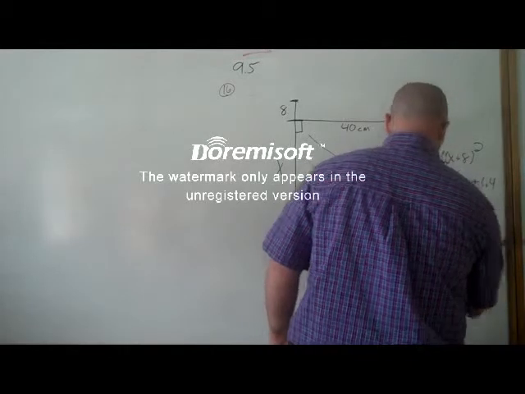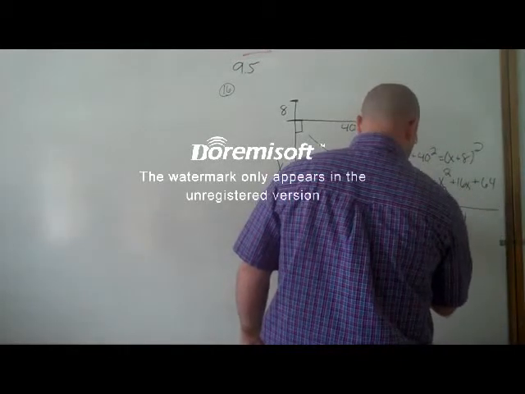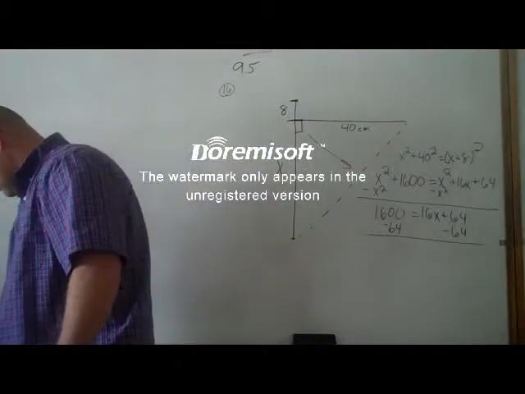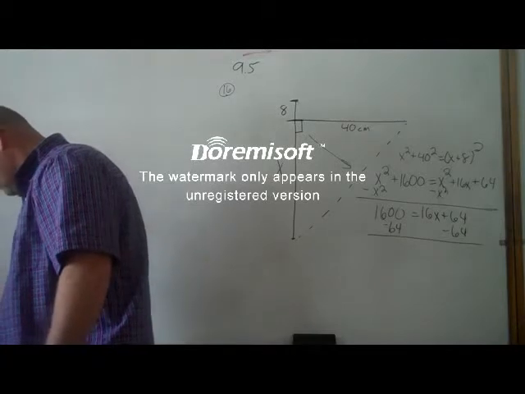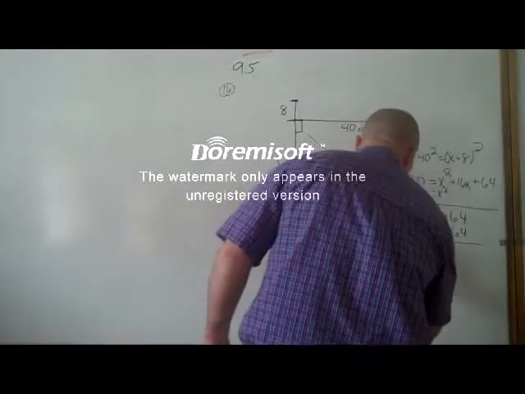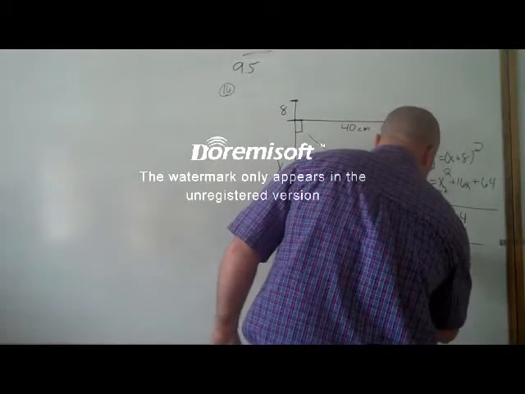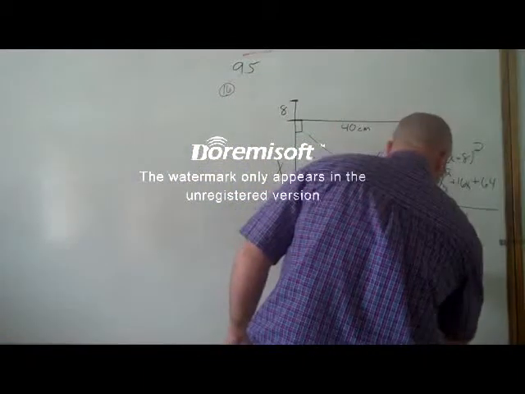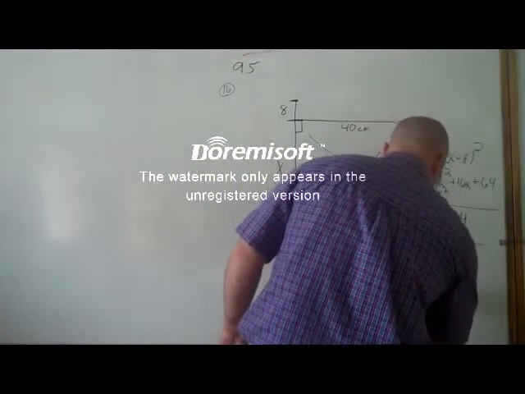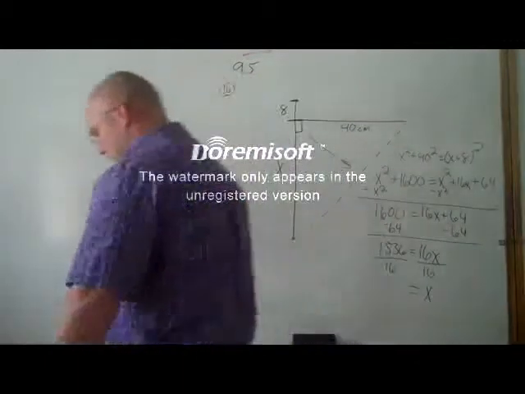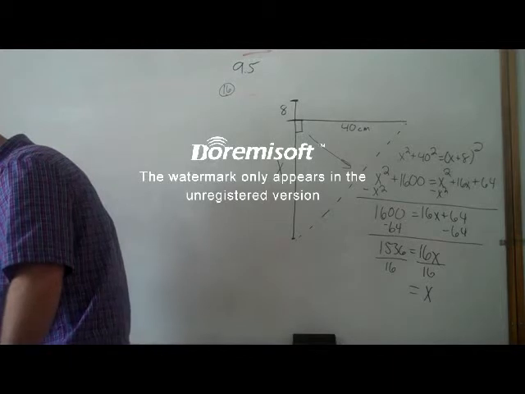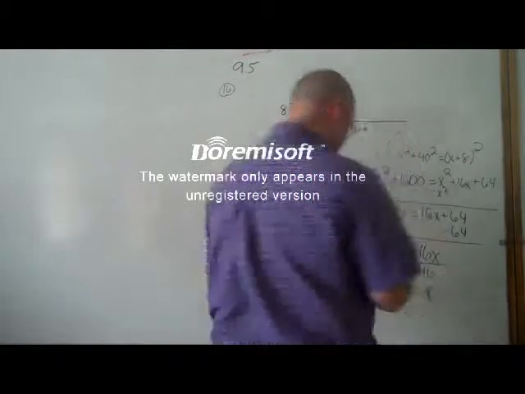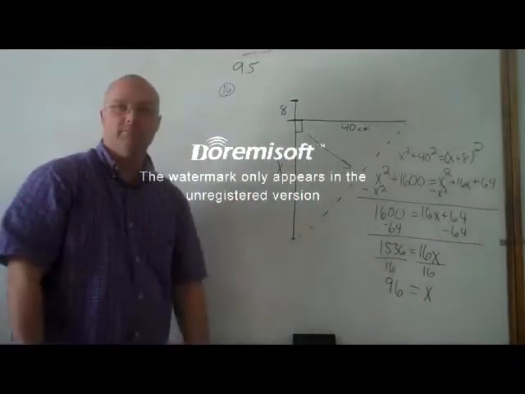Subtract 64, and 1536 equals 16x. So now we divide by 16. Answer is 96. Too easy.